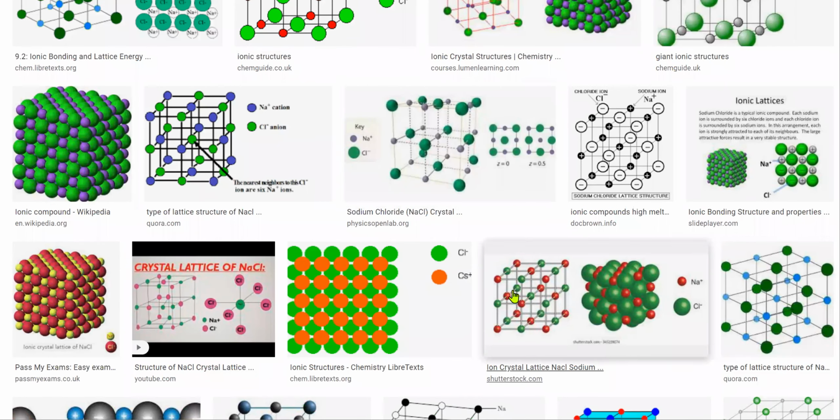The ionic lattice is where positive and negative ions are strongly attracted to each other. So when you stir them in water, all the ions dissociate, they scatter, they mix with water molecules. And this is what NaCl aqueous would look like.